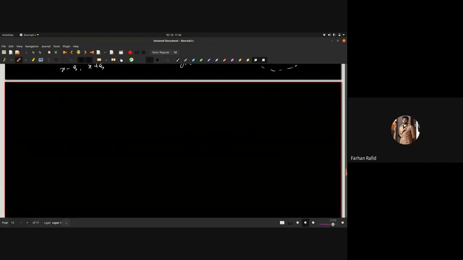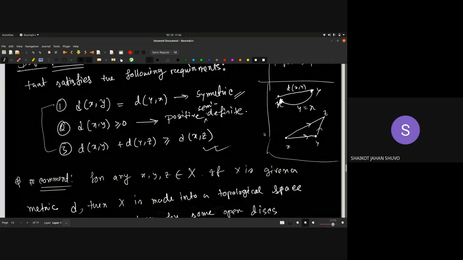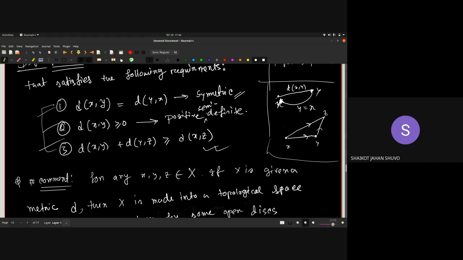Is the Cartesian plane a metric space, a metric topology? Well, define something and try to prove it. I haven't proved it, so I don't know. But when you talk about distances, you do define a metric. If you're talking about the two-dimensional Cartesian plane, take any two points on it, and you can easily see that you can define a metric because these three conditions will get satisfied easily.